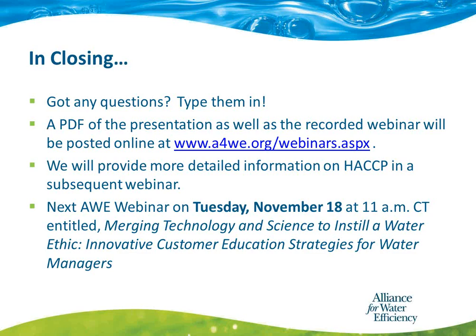And as Dr. McCoy indicated in his presentation, we will be providing more detailed information on the HACCP program in a subsequent webinar, because we do believe that as we design our commercial facility efficiency programs, we need to be doing them in concert with the safety side and the water quality concerns. So it's building that partnership that we talked about during the webinar.